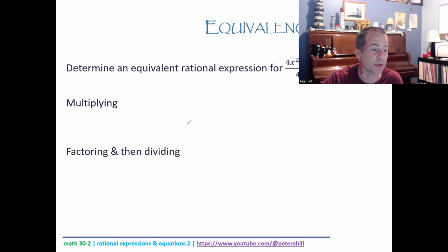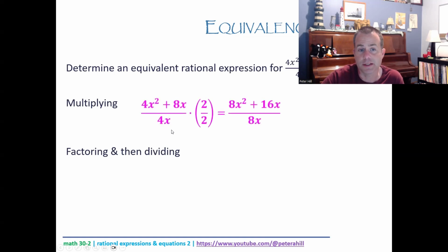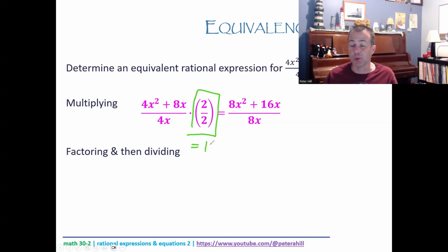So if I wanted to multiply, I'm going to choose to multiply by 2 over 2. I picked a number, doesn't matter. But I have 4x squared plus 8x over 4x. I multiply by 2 over 2. So that means I'm multiplying the top by 2 and the bottom by 2. Remember, just for clarification, this 2 over 2 is essentially 1, right? And anything times 1 is itself.